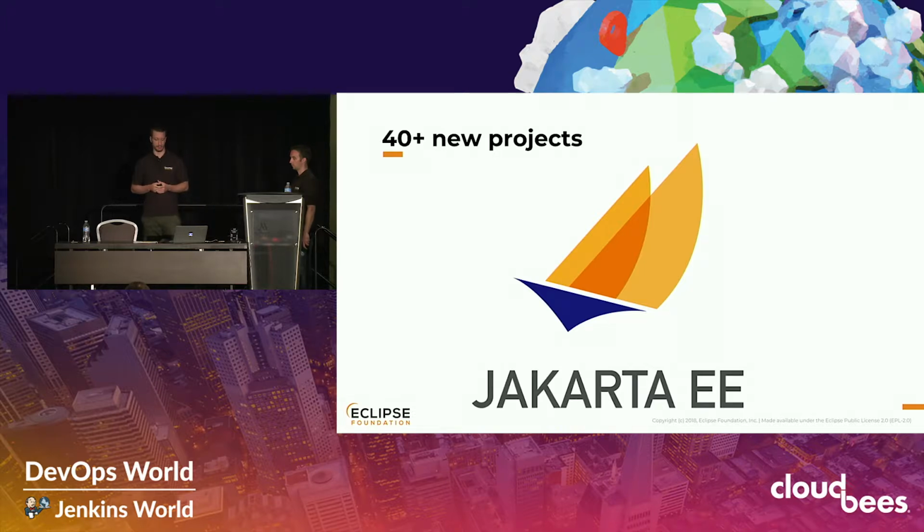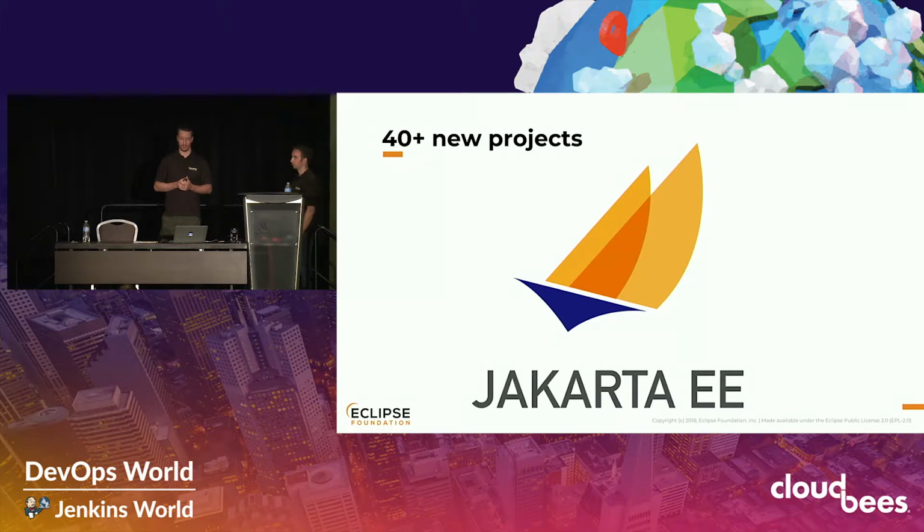And I don't know if you're aware, but this year it was announced that Oracle actually contributes the Oracle Java EE 8 and Glassfish technologies to the Eclipse Foundation. And this involves about 40 projects.